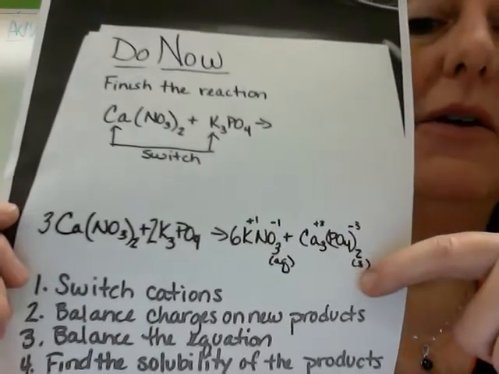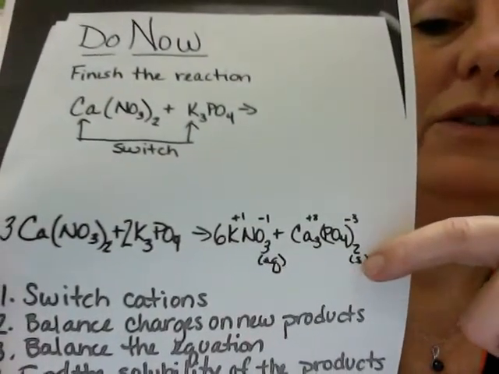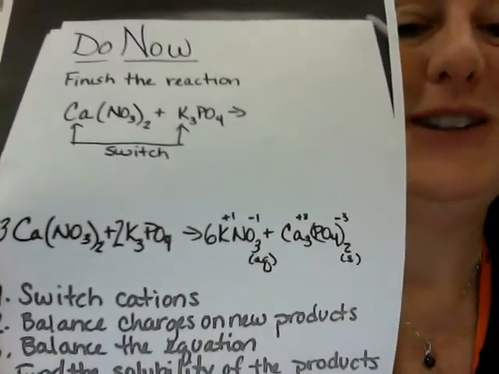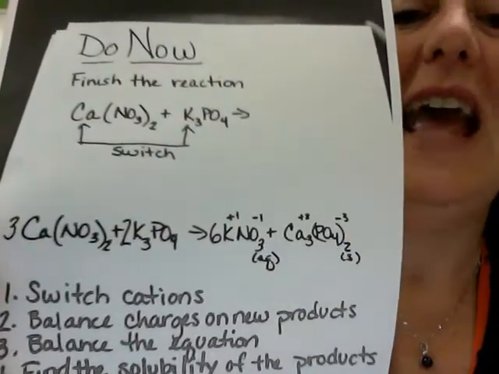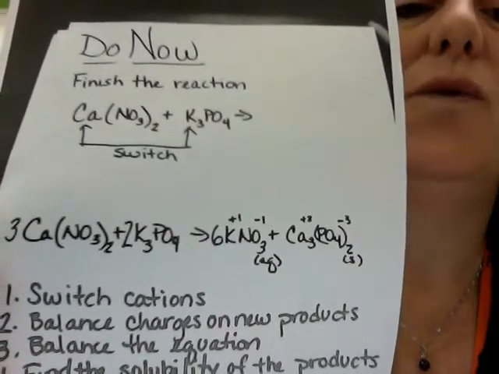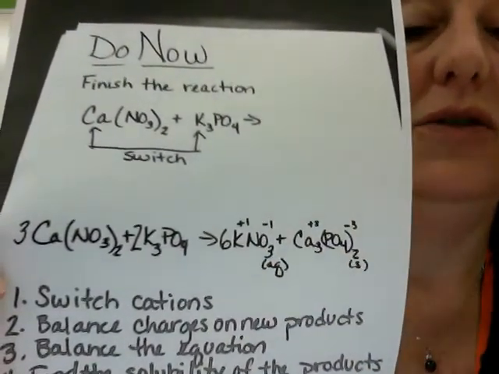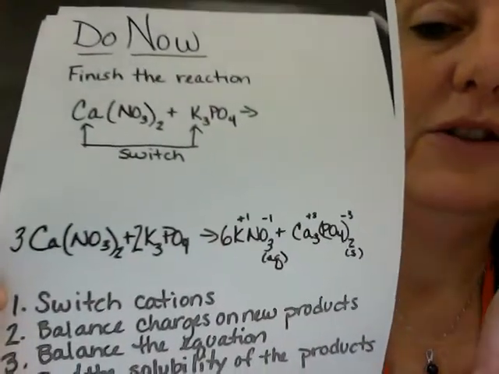Now, when we're reporting it to other people, we use the S for solid. Remember, don't get the S's mixed up. The S on here is solid. The S on the chart is for soluble, which is actually aqueous. Make sure you keep that straight. And that is precipitation reactions.